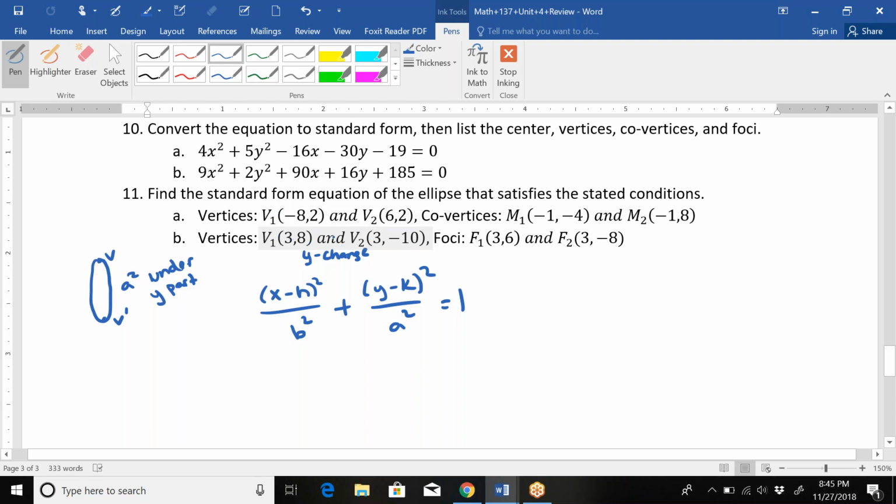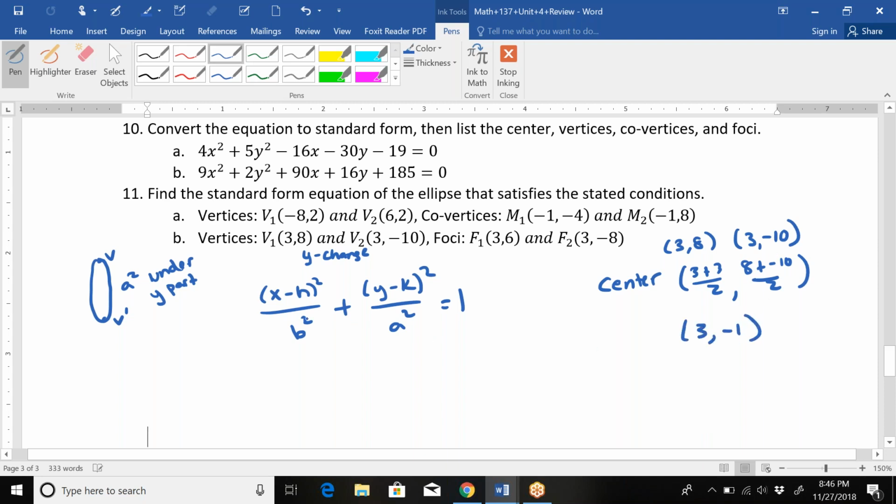In other words, find the middle of these two points. So 3 plus 3 is 6, cut in half will still be 3. So I'm going to take my (3, 8) and my (3, negative 10) and find the midpoint. It's 3 plus 3 divided by 2, and then 8 plus negative 10 divided by 2. So that is going to be 3. This is negative 2 divided by 2, so that's negative 1. So that tells me my center.